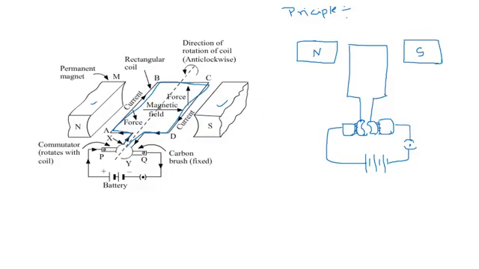Now this current carrying conductor, I will name it as A, B, C and D. Fine. And this is the positive terminal, this is the negative terminal. These will be my brushes. Let me name them as B1 and B2, and the commutator as C1 and C2.